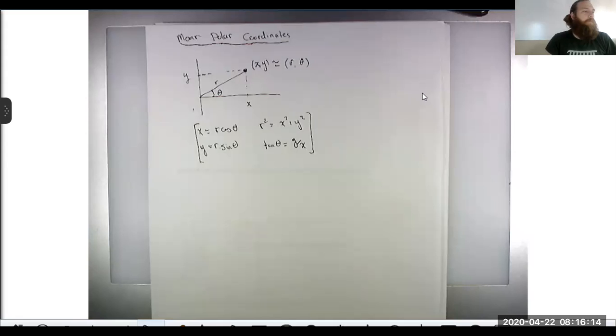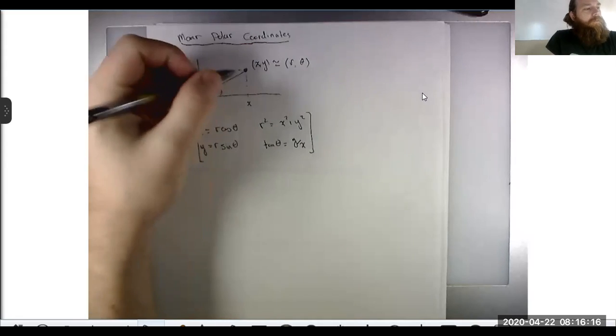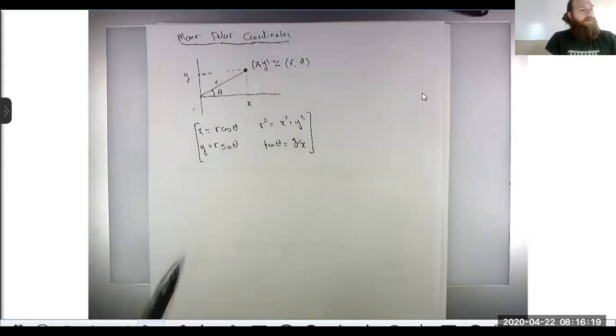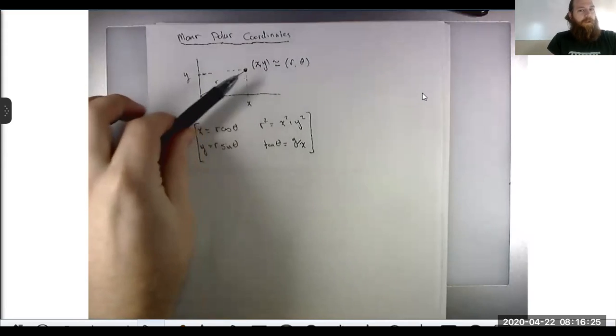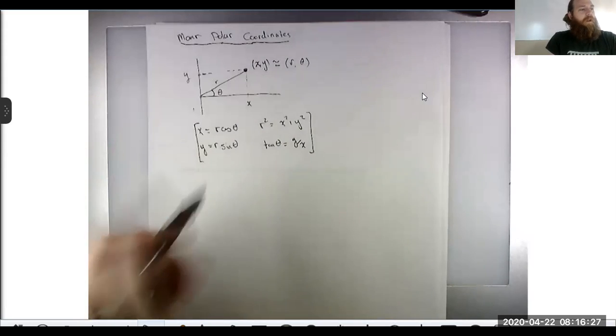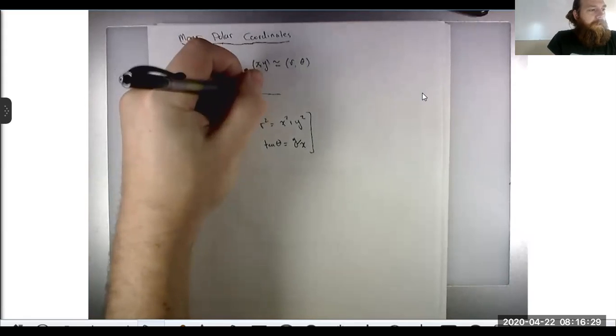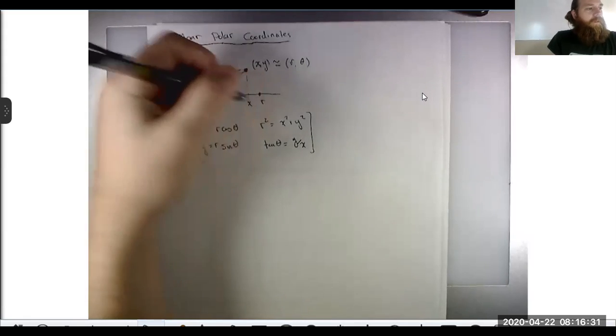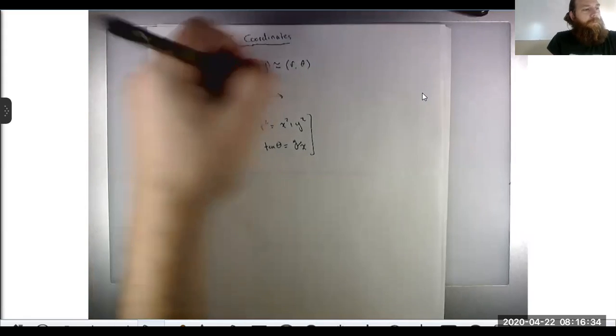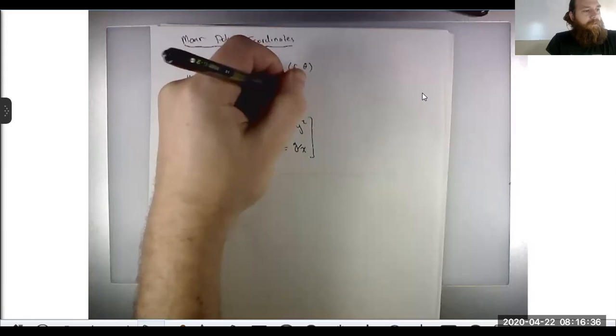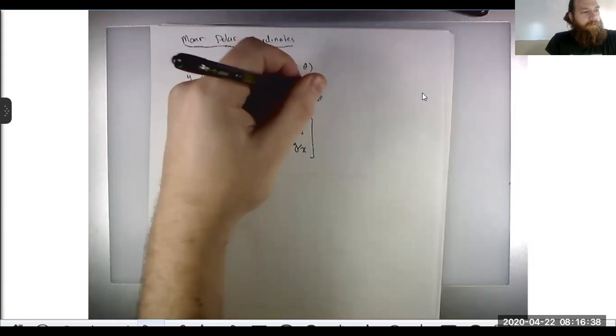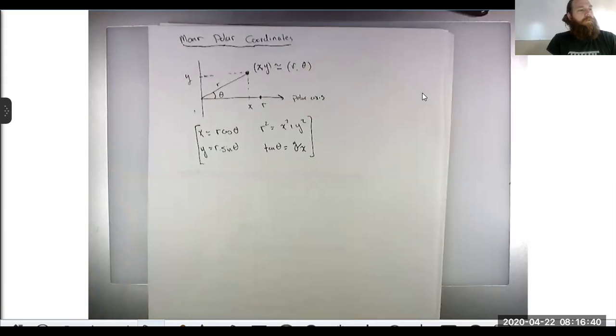One reason for that is because when you're using the polar coordinate system to get where you're trying to go, rather than thinking of rotating first and then walking out some distance, many people choose to think of going out along the horizontal axis, which they call the polar axis, instead of the x-axis in the polar coordinate system.